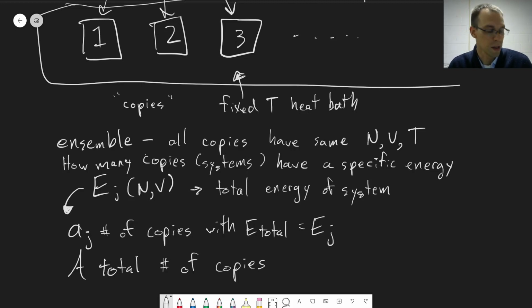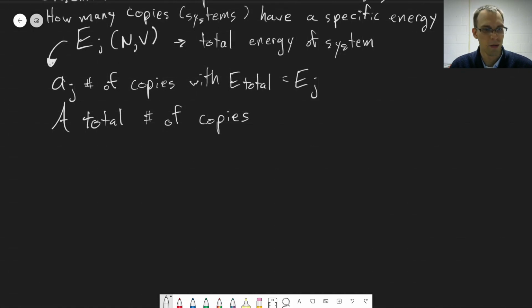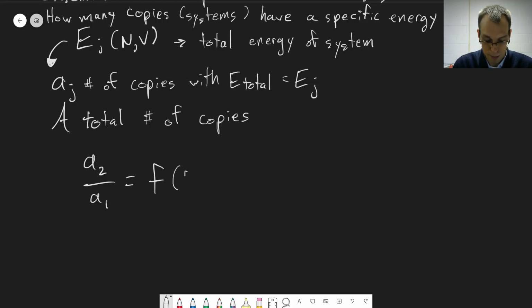of what fraction of these are going to have a specific energy. So what we can say is, let's look at relative values. If we take, say, state 2, the number of copies in state 2 divided by the number of copies in state 1, that's going to be some function that depends on the energies. It's going to depend on energy 2 and energy 1.